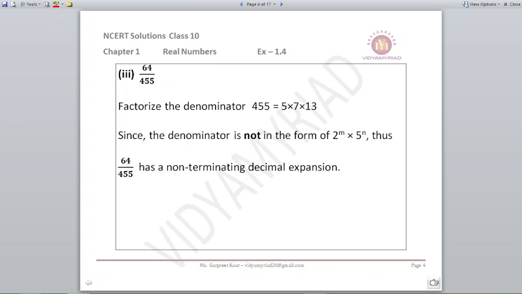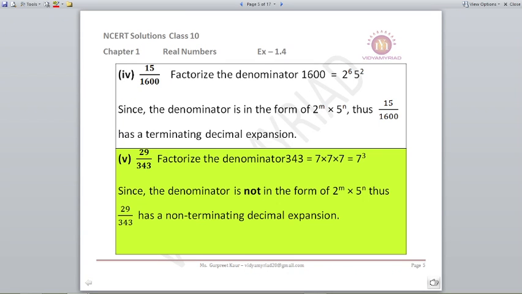64 upon 455. So the factors of 455 are 5 into 7 into 13. It is not in the form of 2 and 5. So we will say that it is a non-terminating decimal expansion. 15 upon 1600. So it has the expansion 2 raised to power 6 and 5 raised to power 2.